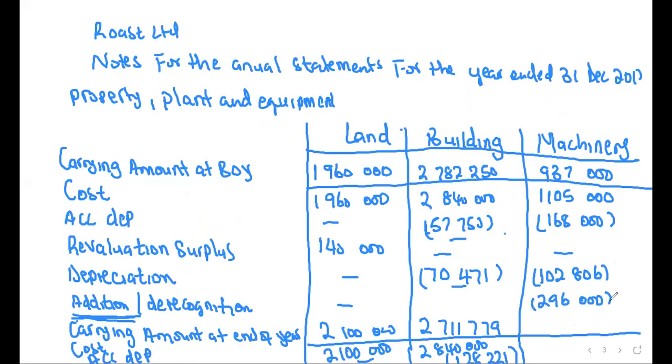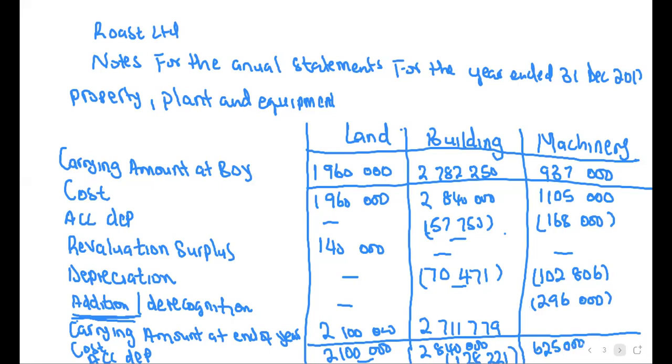Then when you derecognize, it means the old machine is no more there. So for you not to crack your head on the cost, you just come to the cost of the new machine because the old machine is no more there. So the cost is now 625,000.